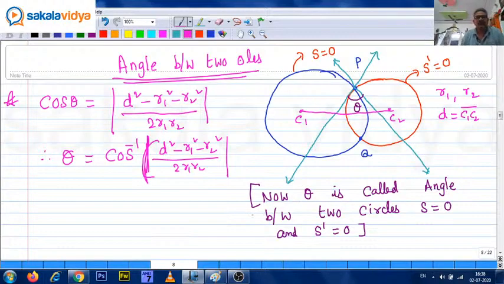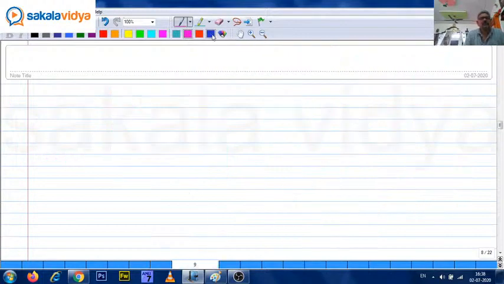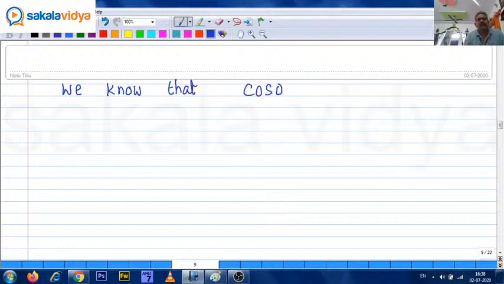Okay, now we know that cos theta is equal to modulus of D square minus R1 square minus R2 square upon 2 R1 R2.